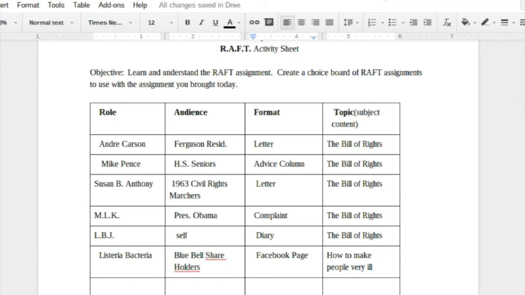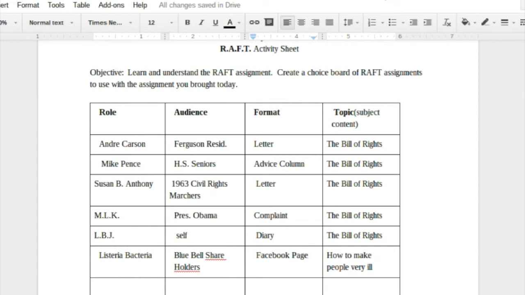And then Susan B. Anthony, I pulled her out. Let's differentiate there: a 1963 civil rights marcher. She's writing a letter, and again, the Bill of Rights is a common theme. I picked this for social studies also. Martin Luther King would be a role. President Obama is writing to just the president, and he's writing a complaint. I don't know, maybe he's got something he could complain about. And again, the Bill of Rights.